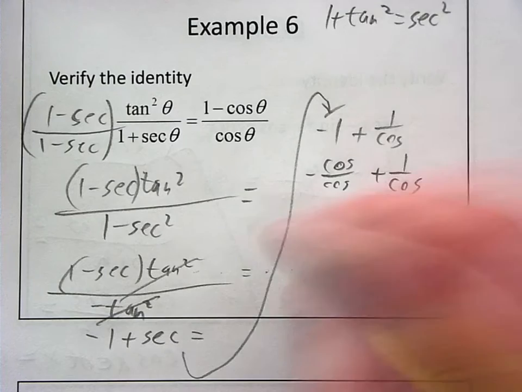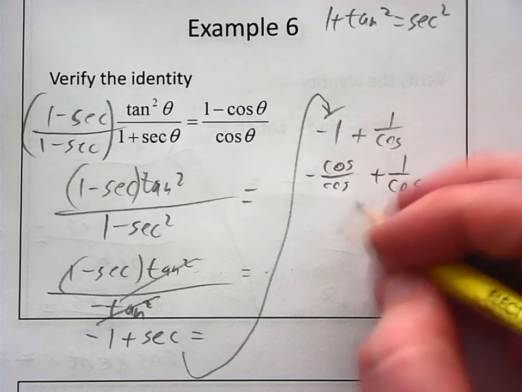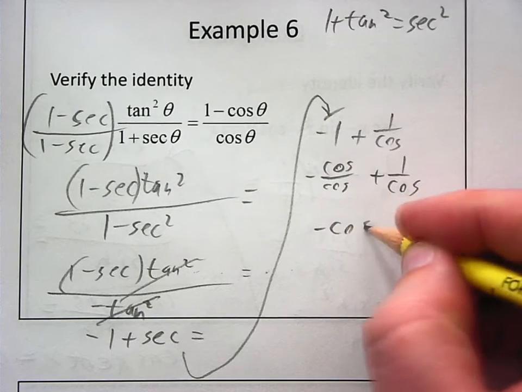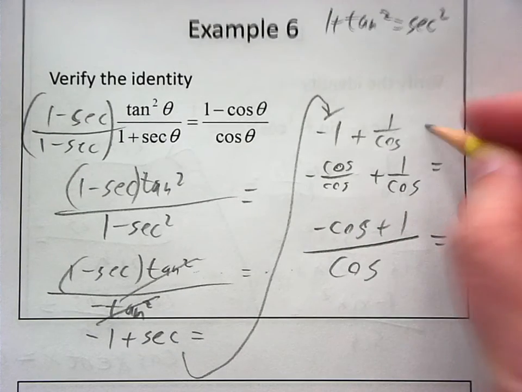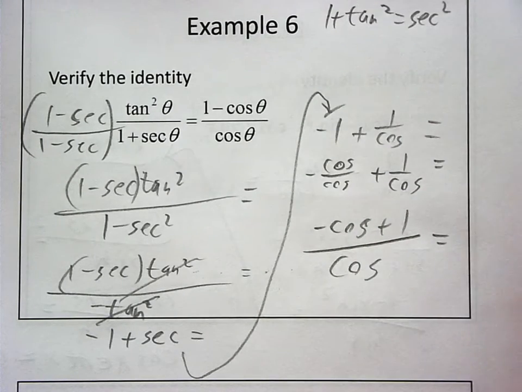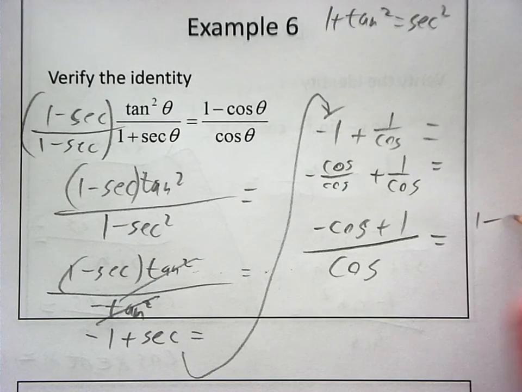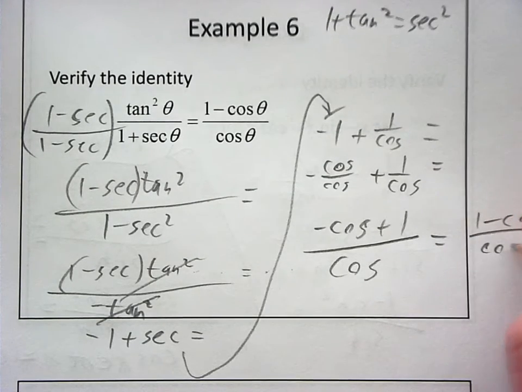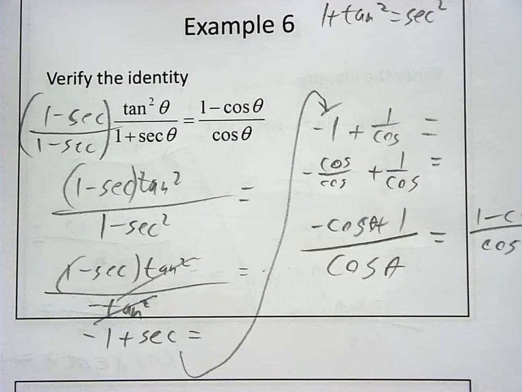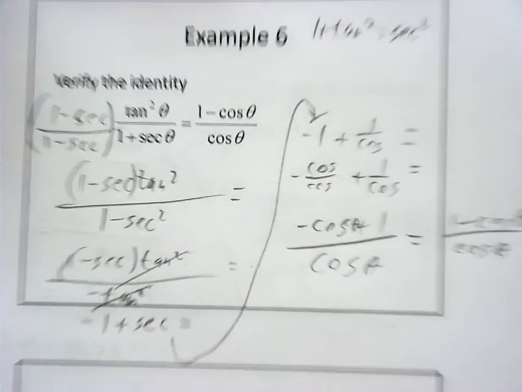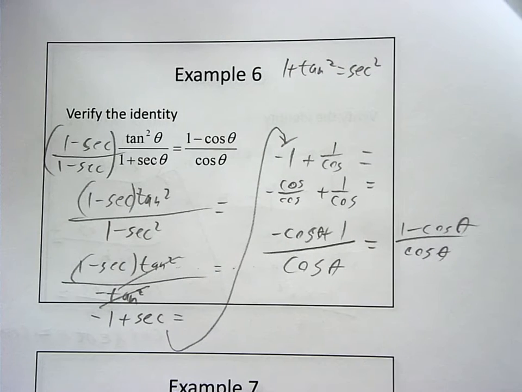Combine them, like the same denominator. I'm going to reorder them real quick. And no, I'll leave them separate. Negative cosine plus 1 over cosine. And that's going to be equal to 1 minus cosine over cosine.